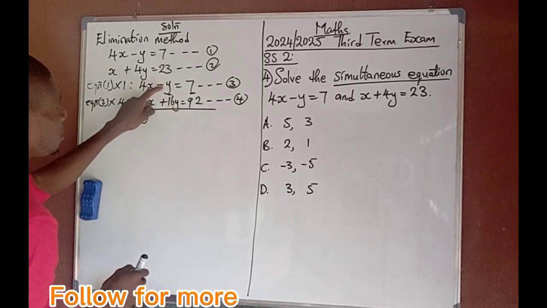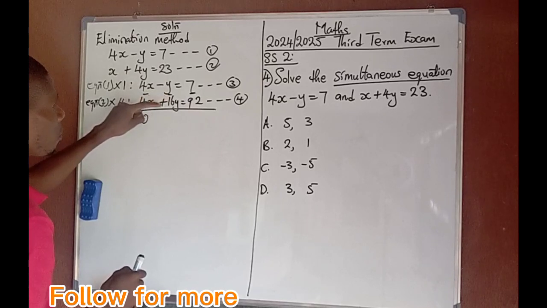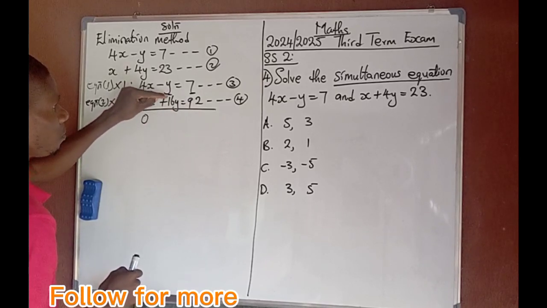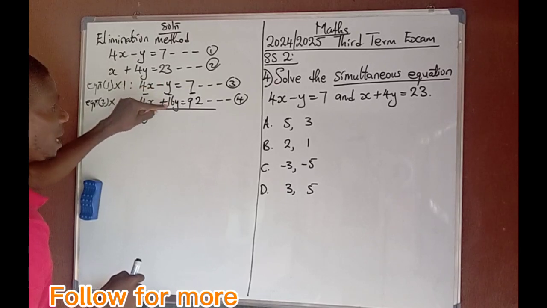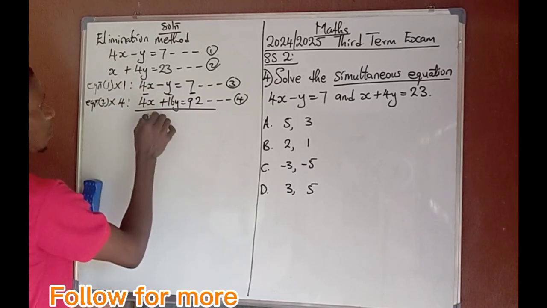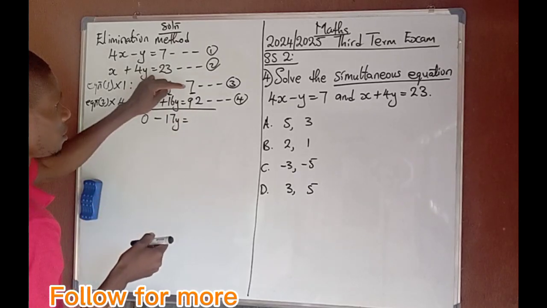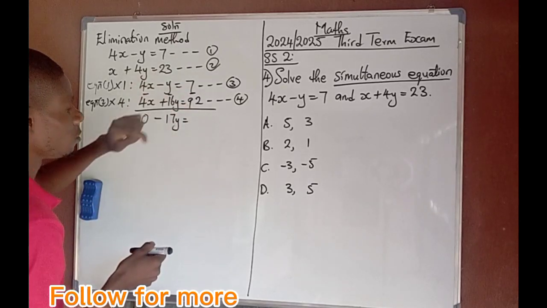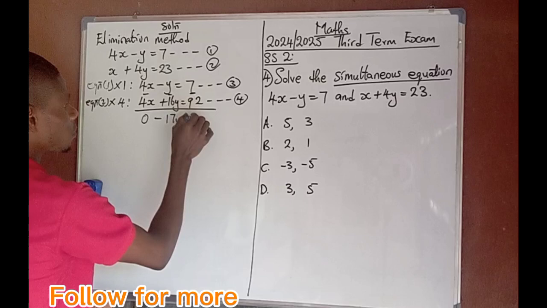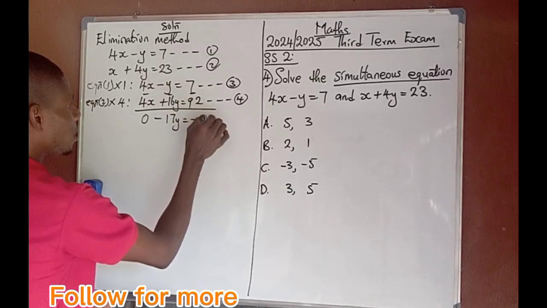All right, so here is minus y minus plus 16y. Minus times plus is minus. So minus y minus 16y will give us minus 17y equals, this is 7 minus 92, and this will give us minus 85.